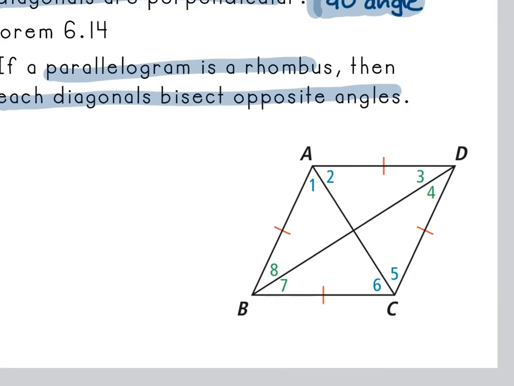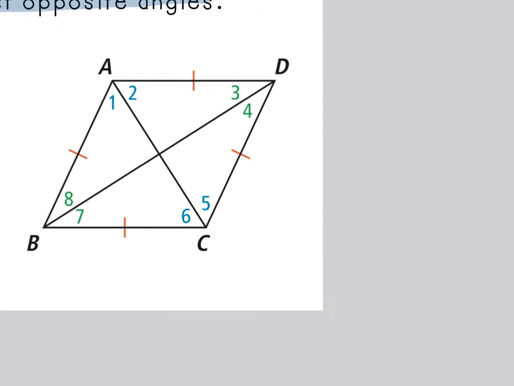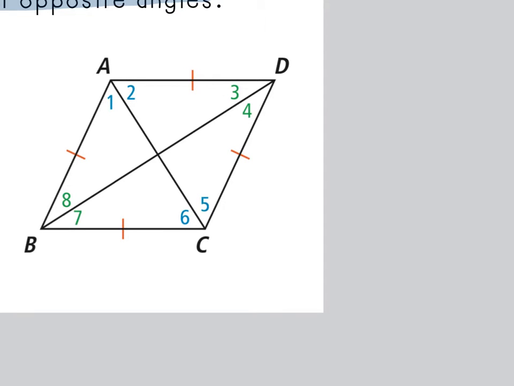How do you know that? What's the definition of a rhombus? 4 congruent sides. Are those 4 sides congruent? Yes. Because these are marked as congruent, I know this is a rhombus. It will either be marked like that, or it will say it in the directions. It will say ADCB is a rhombus. One way or the other, you've got to know.